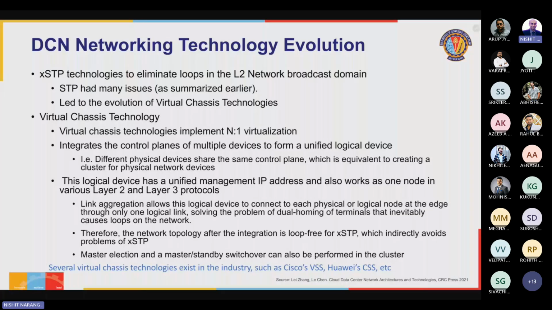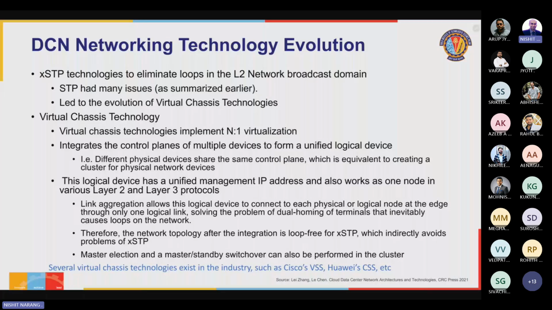So access aggregation core is the topology that was designed, and the challenge that we had discussed then was that access aggregation core technologies, which used a layer 2 switching method within the access aggregation part of the network, suffered from issues related to broadcast storm. Okay, this is what we had discussed in a couple of classes.